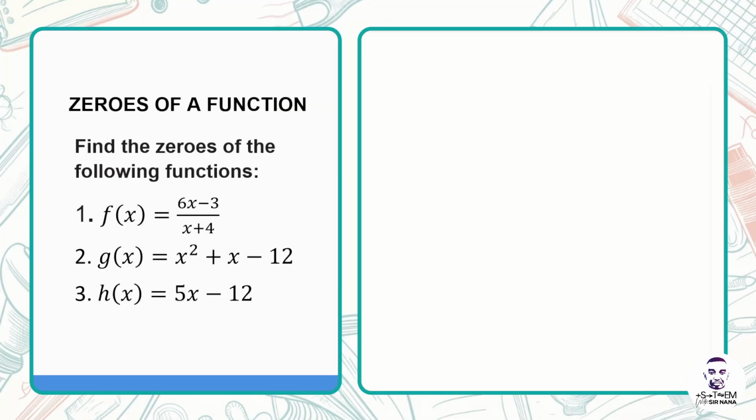So basically, to find the zeros of a function, we must write out the function and equate it to 0. So with the first one, we have f of x equal to 6x minus 3 all over x plus 4. So we can say let f of x be equal to y.